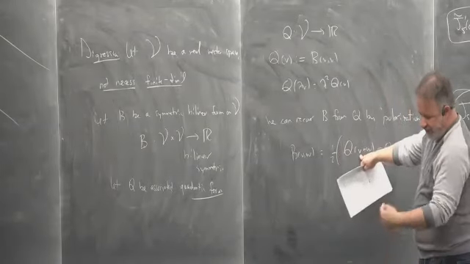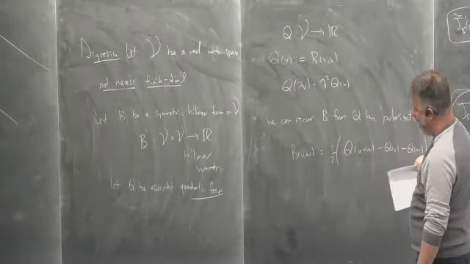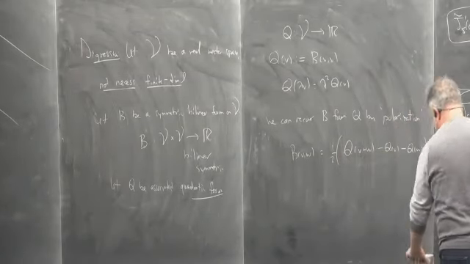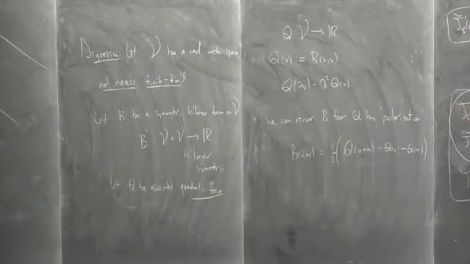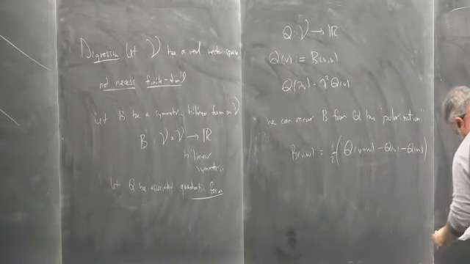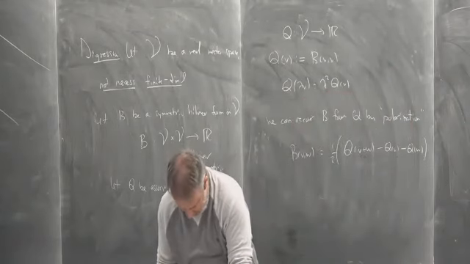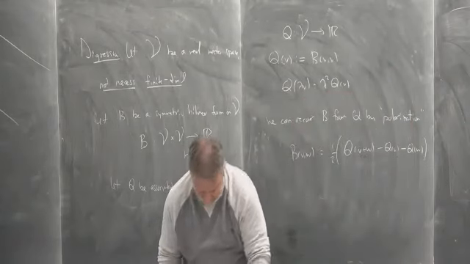If you write this as B of v plus w, v plus w, expand using the bilinearity and the symmetry, that's what you get. Okay, so given such a symmetric bilinear form, let's define some objects. Well, one object from it.